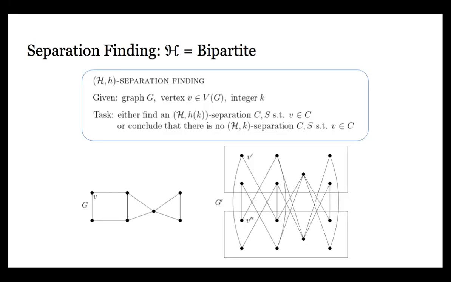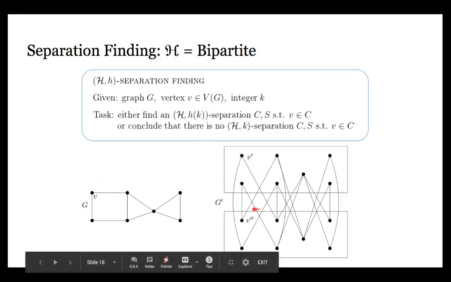So we create an auxiliary graph G prime in which each vertex V turns into two copies, an odd parity copy V prime and an even parity copy V double prime. And for each edge UV, we create two edges that connect vertices of a different parity.